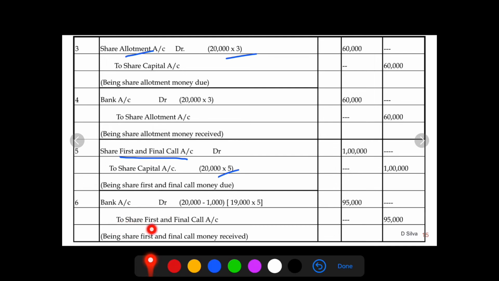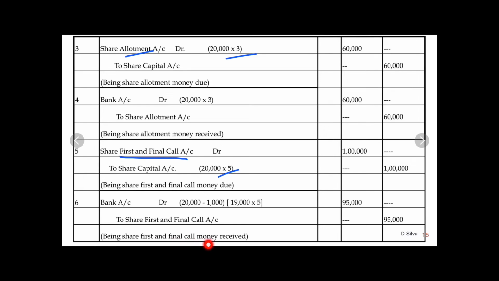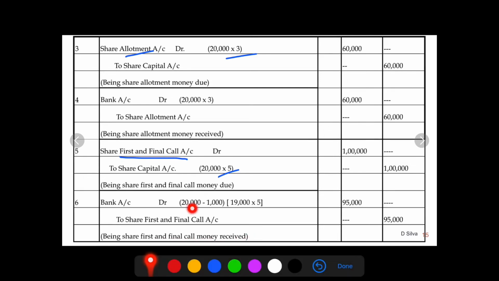Bank account debit to share first and final call account being share first and final call money received. That means on 20,000 shares, students, which have been issued, we have not received money for 1,000 shares. However, we are receiving the money for 19,000 shares which are being issued for rupees 5 on first and final call. The money being debited and credited is rupees 95,000.